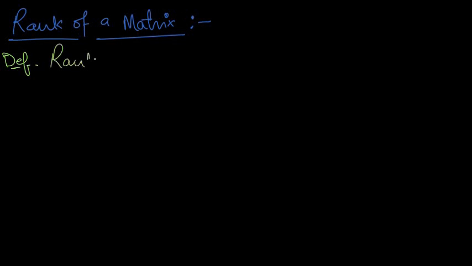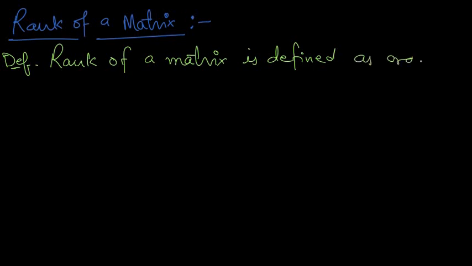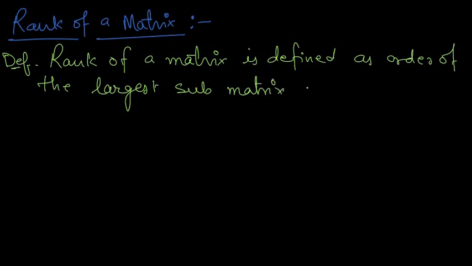Rank of a matrix is defined as the order of the greatest or the largest submatrix having non-zero determinant.